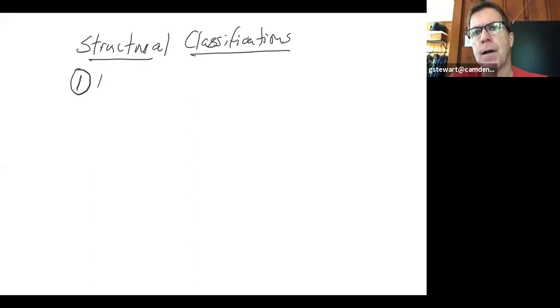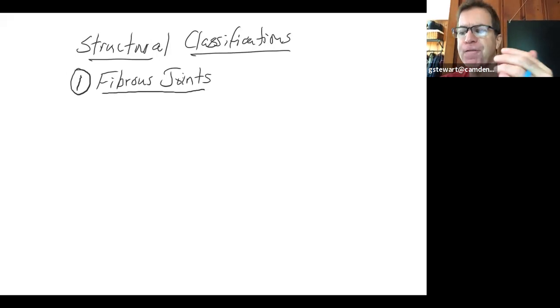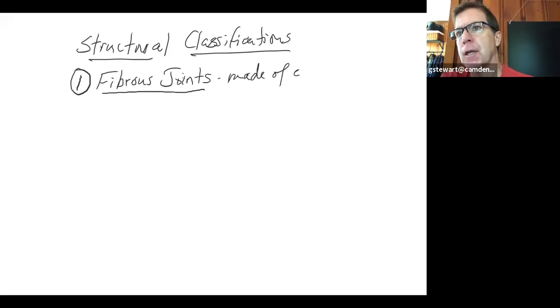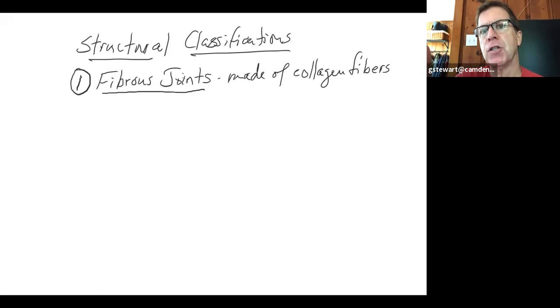Number 1, these are fibrous joints. That means all joints in this structural classification group are made up of fibrous connective tissue. And so I'm just going to put made of mostly collagen fibers of connective tissue.